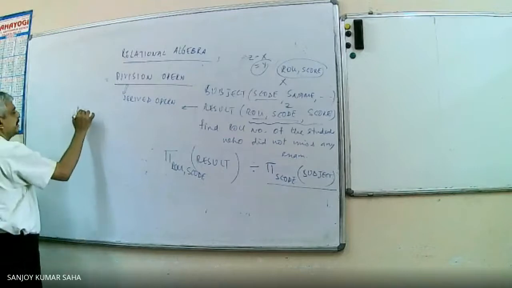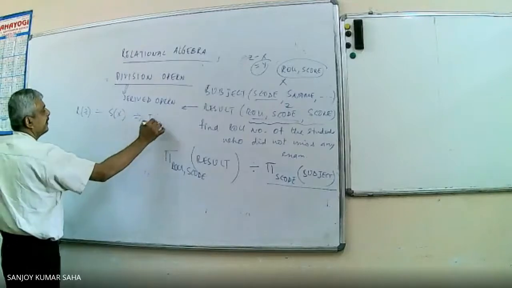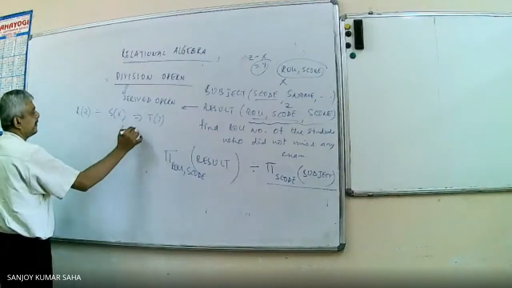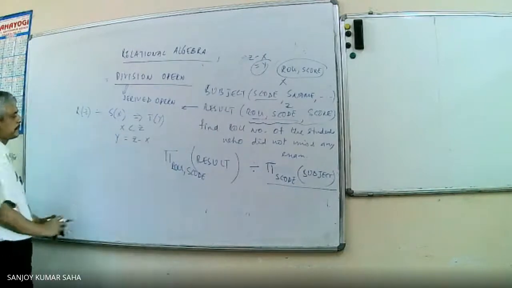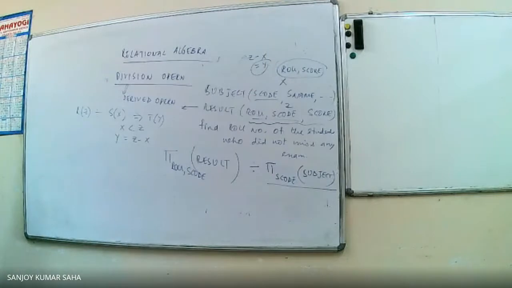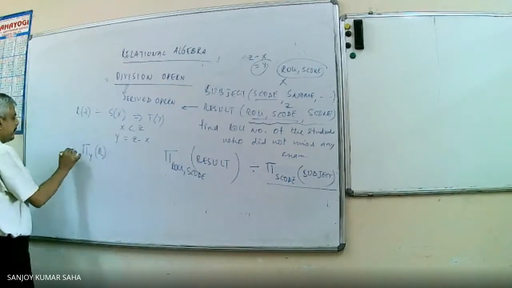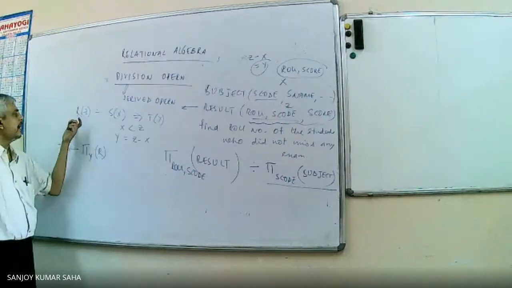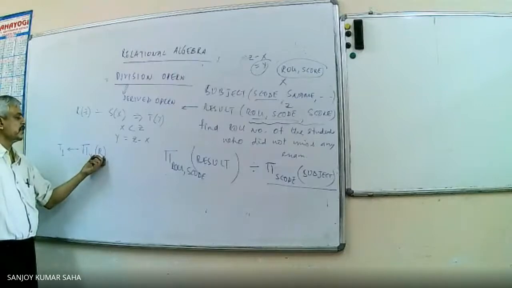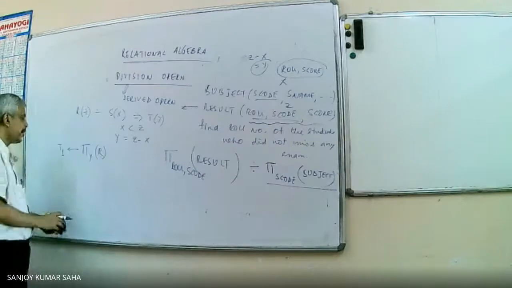As we initially considered, R divided by S gives us T. X is a subset of Z, Y equals Z minus X. So what we can do, if I consider this one, from R we are taking the projection of Y. So all values of Y that we are taking.